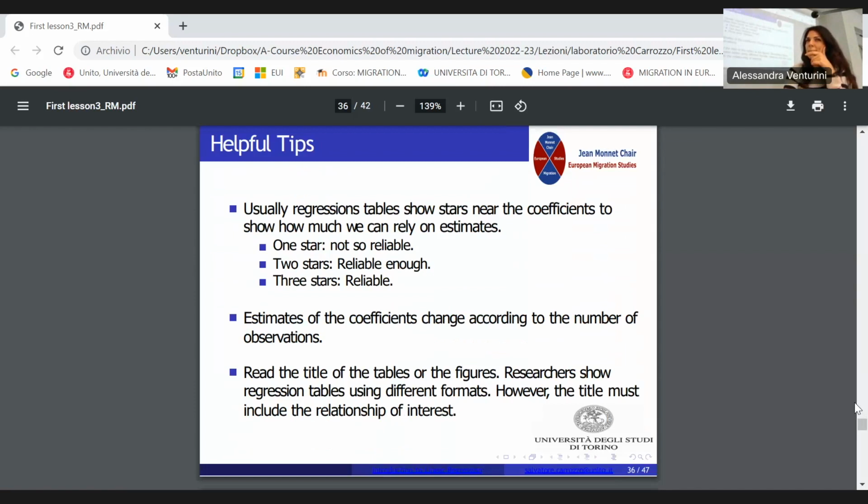If I have 10 persons, one is very tall, one is very short, this affects the result. If I have 1,000 persons, and there is one very tall and one very short, they disappear. So the larger the data set, the more I can generalize the result that I get.